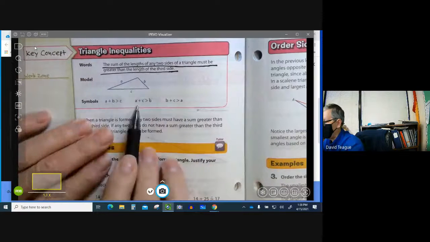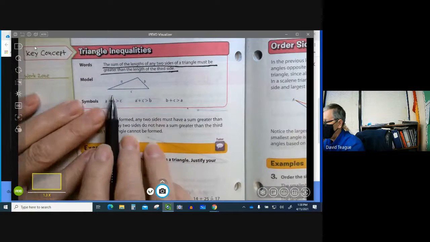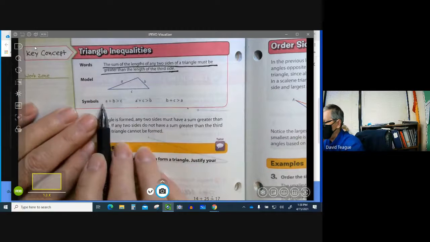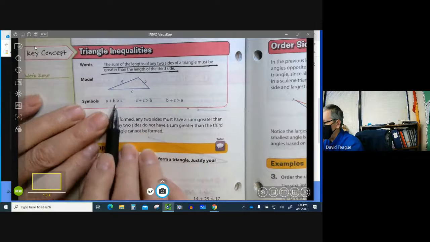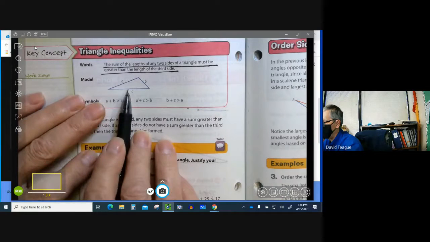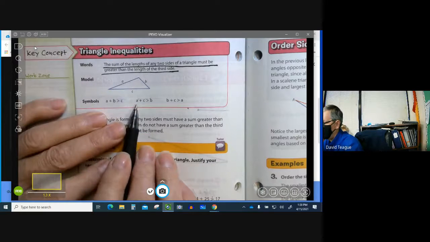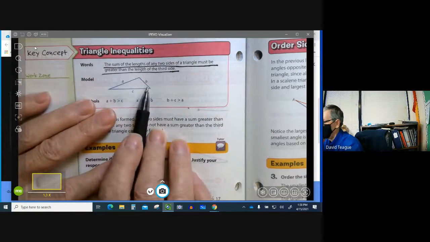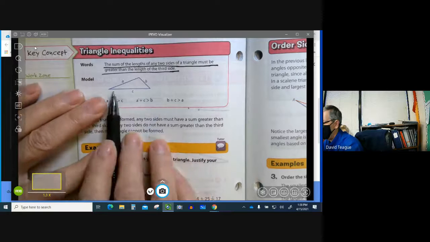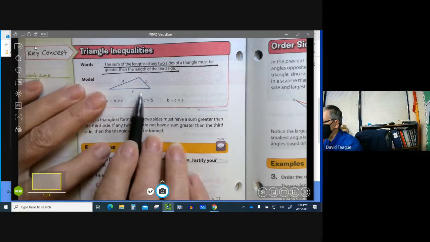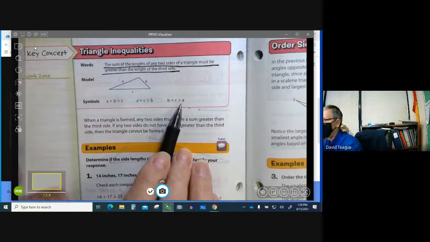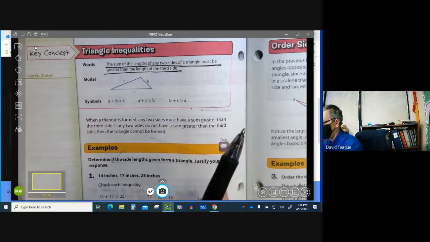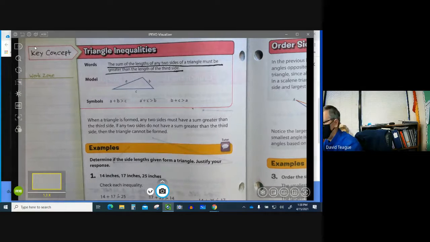So we have 3 different inequalities here, with side A, side B, and side C. Side A plus side B has to be greater than C. Side A plus side C has to be greater than B. And side B plus side C has to be greater than A. All 3 of those conditions have to be true for you to have a triangle.